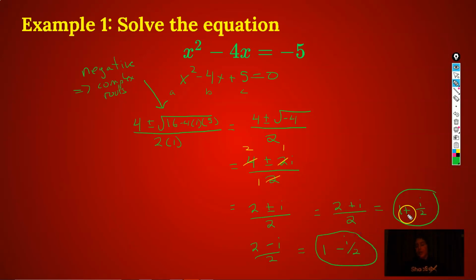So again, notice our complex roots occur in complex conjugate pairs, right? 1 plus i over 2 and 1 minus i over 2. All right, so that's our first example.